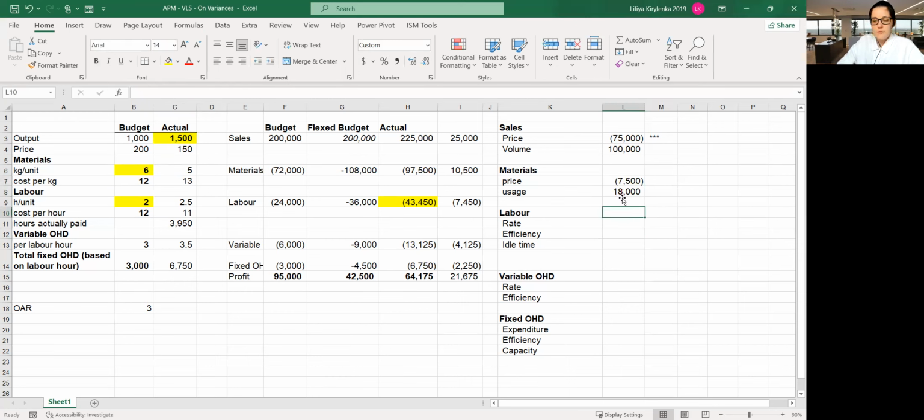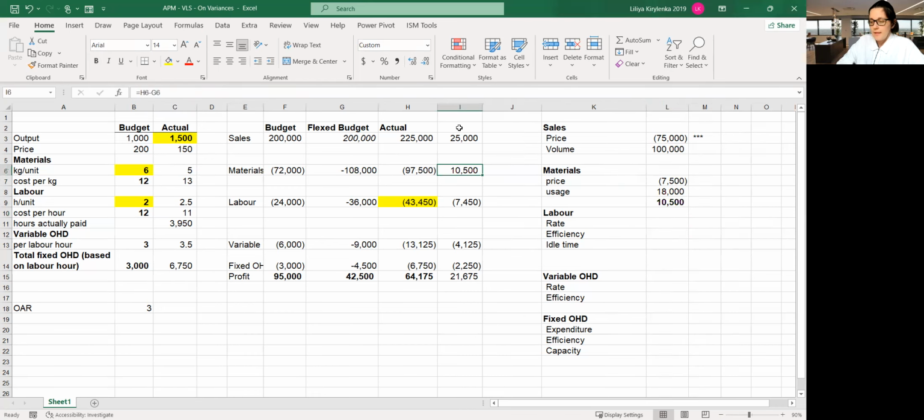Now, why have we calculated the variances? Let me calculate the total of the variances and show you what we've got. Okay, look, in here we have actual figures and budgeted figures. When we say budgeted figures, we always assume that it's flex budget and not the original budget, meaning the budget that was updated by the actual quantity sold.